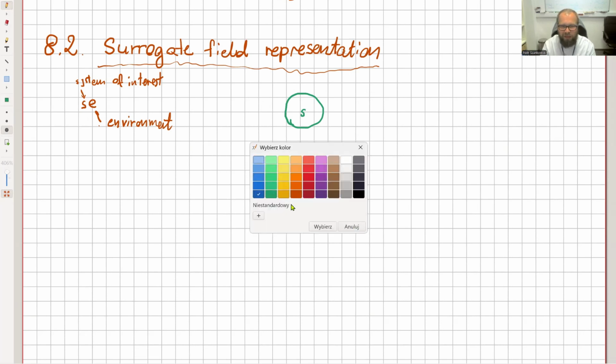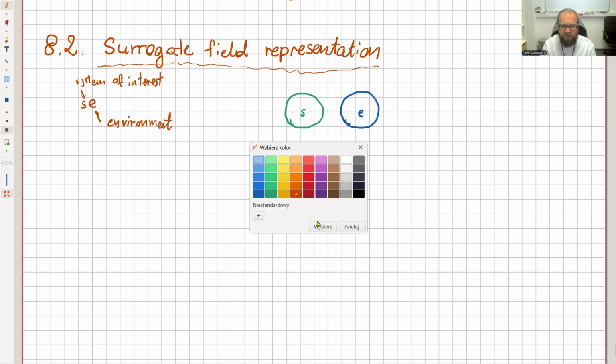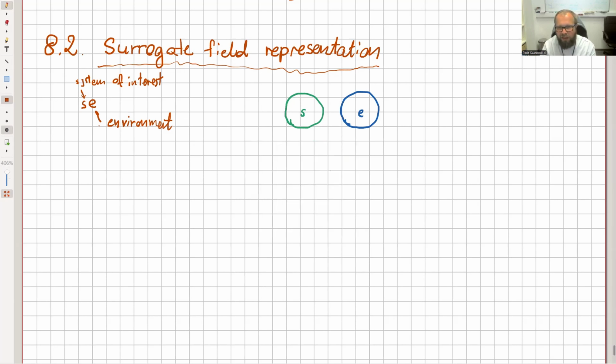Some other color, maybe blue. Right, we have environment. And they are talking to each other, right? There's some interaction between them. And so let's write down the Hamiltonian. So we have the system environment Hamiltonian, right?